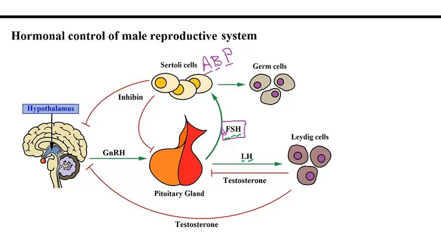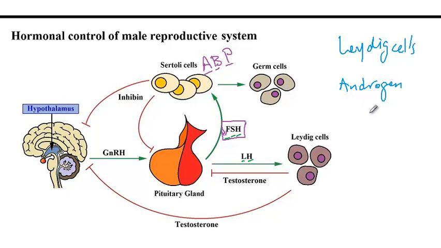Now let's discuss the luteinizing hormone. Luteinizing hormone basically stimulates the Leydig cells in order to produce androgen or testosterone.